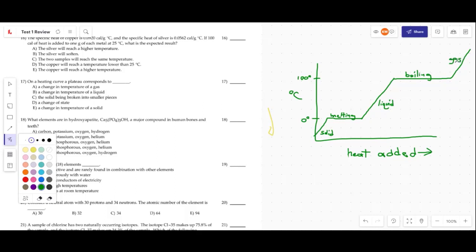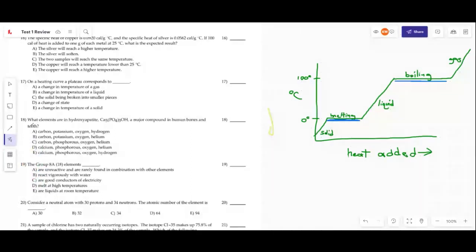So plateaus are these flat parts of the heating curve. This one is a plateau, this one is a plateau. So there's slopes and there's plateaus. It says a plateau corresponds to what? Change of state. Exactly.